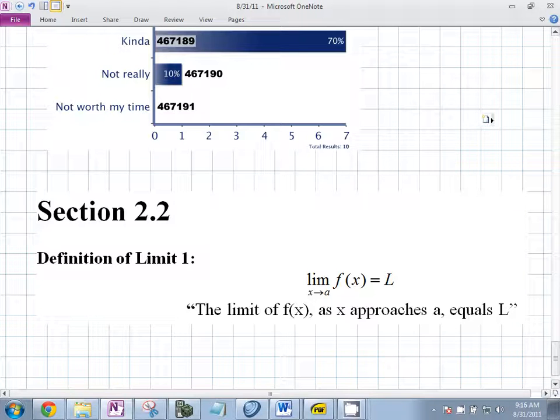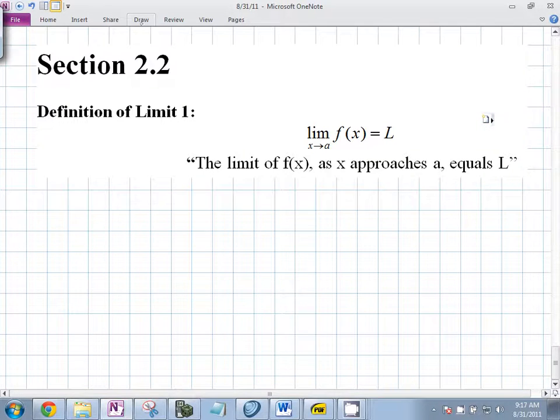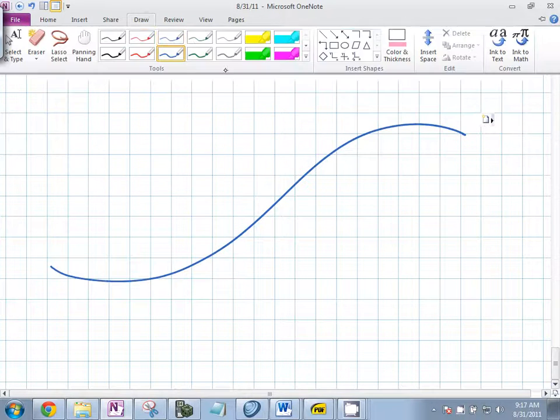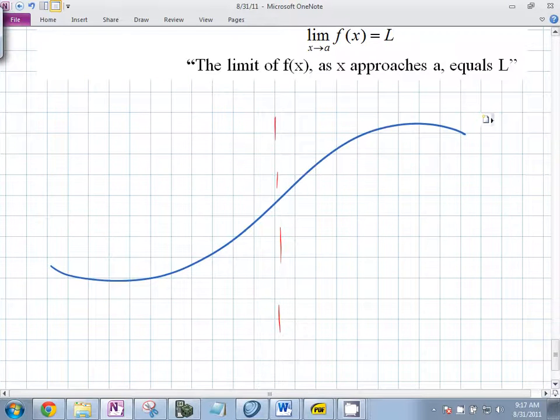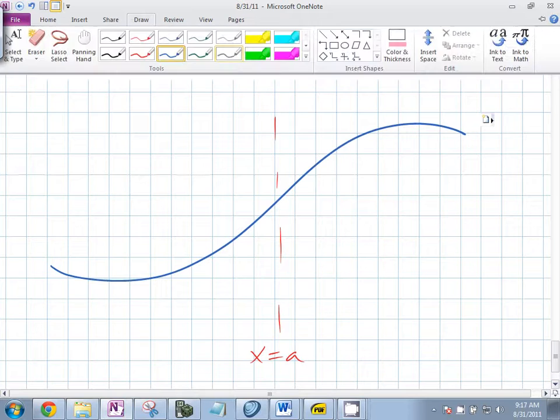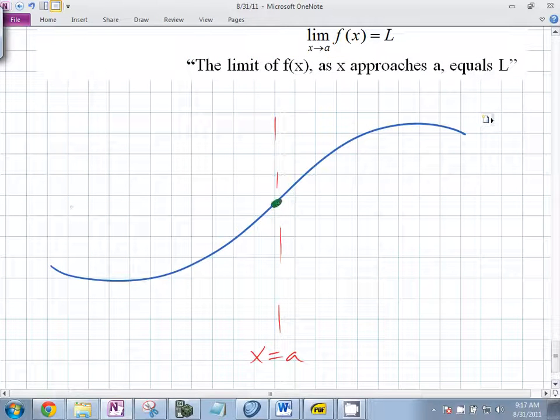So let's draw a little picture of this. What that means is your function's traveling along right here. And here's the a value right here. x equals a right there. So we'll put a nice big point right here. So at this point, what's the y value in terms of this definition? L. L, exactly.